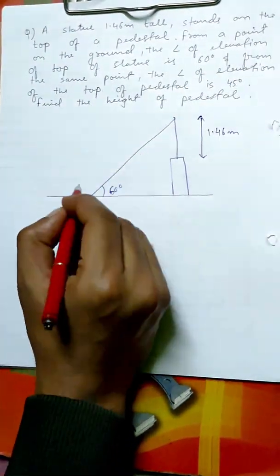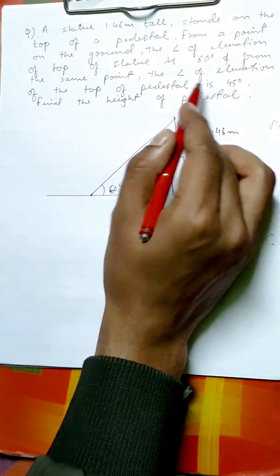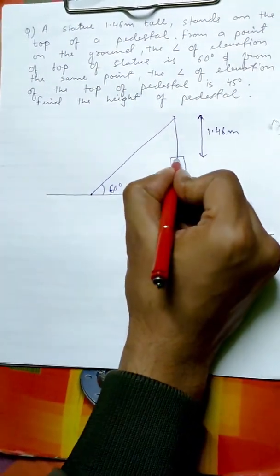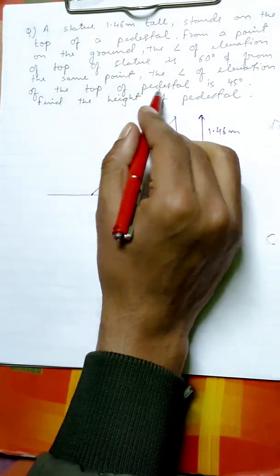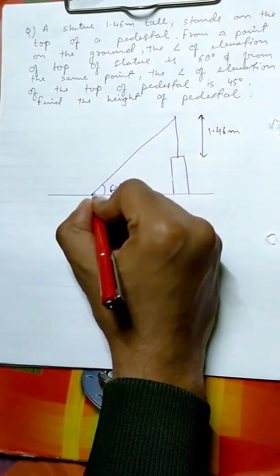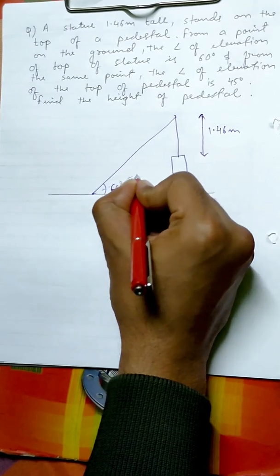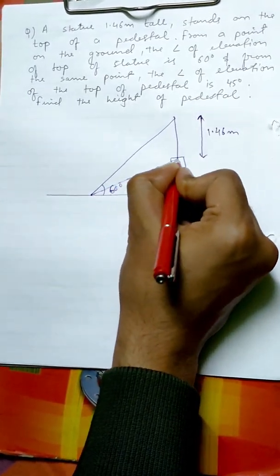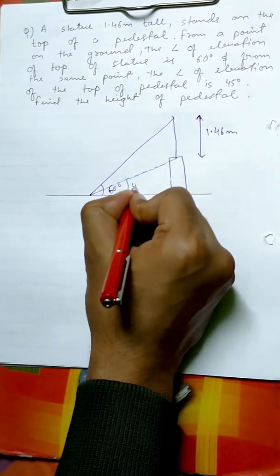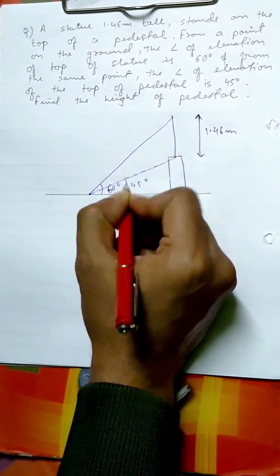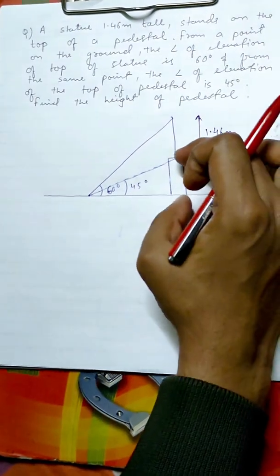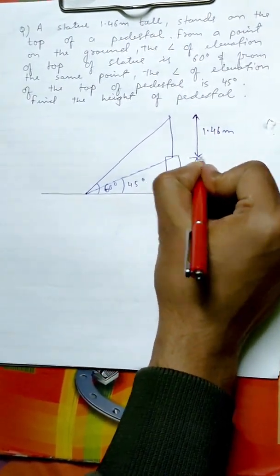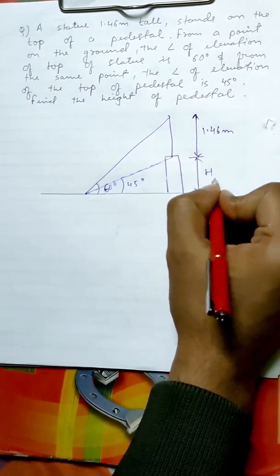And from the same point, the angle of elevation of the top of the pedestal, this is the pedestal stand, so this is the top of the pedestal, is 45 degrees. Find the height of the pedestal. So we have to find this height.